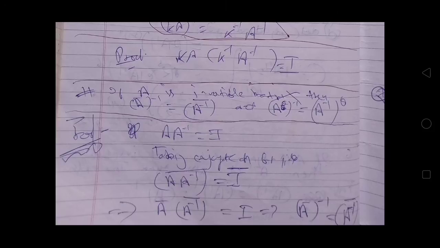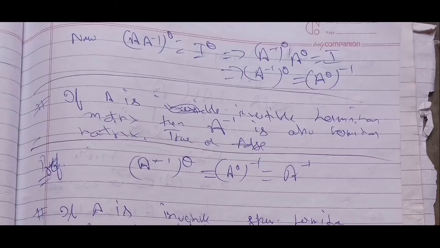This will further imply that inverse of conjugate of A is equal to conjugate of A inverse. Now conjugate transpose of A into A inverse is equal to conjugate transpose of identity matrix. This implies that conjugate transpose of A inverse into conjugate transpose of A is equal to identity matrix. This further implies that conjugate transpose of A inverse is equal to inverse of conjugate transpose of A.